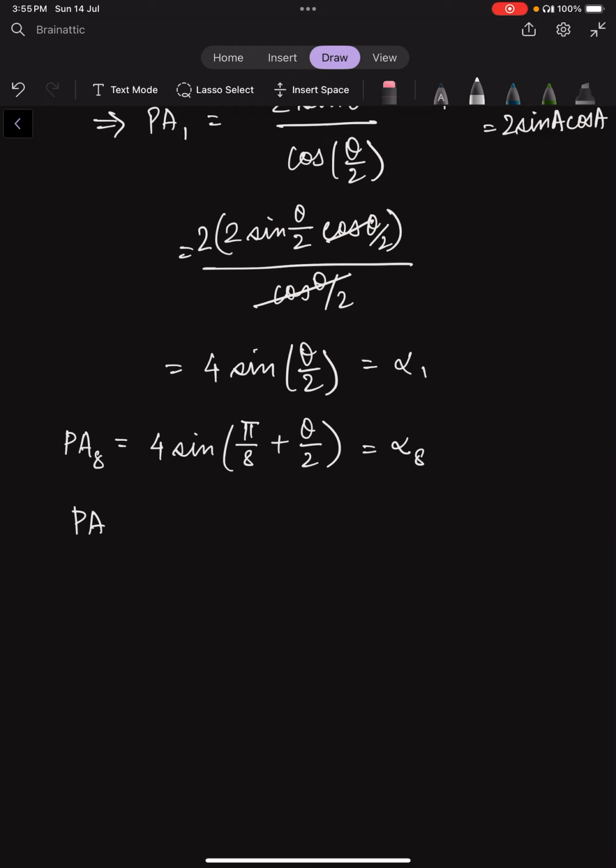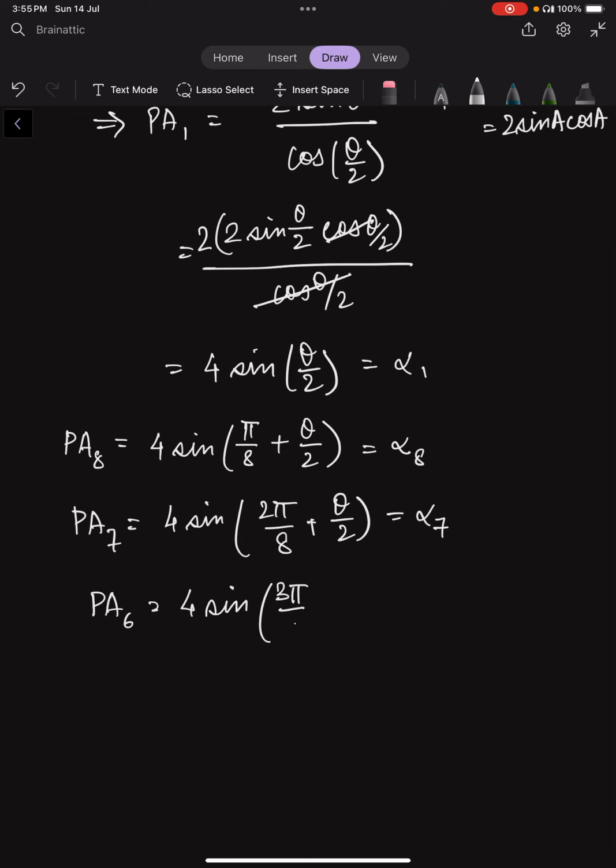Now going back a little bit, PA7 is equal to 4 sine of (2 pi by 8 plus theta by 2). This is alpha 7. And PA6 is equal to 4 sine of (3 pi by 8 plus theta by 2). This I'm calling alpha 6.